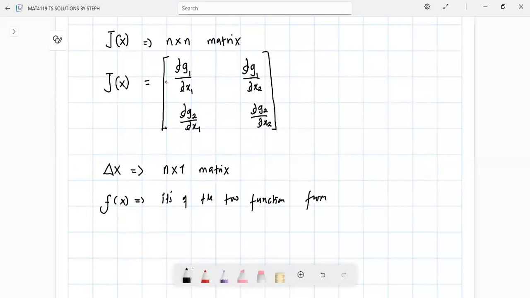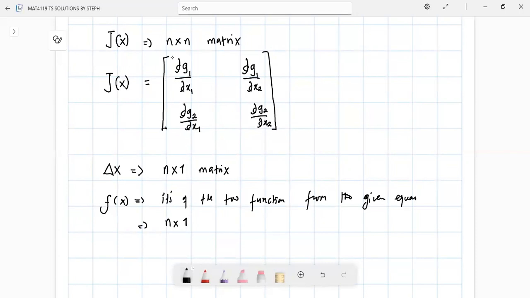Again, this is also an n by 1 matrix, just like delta x. So if we have two equations, this one will form a matrix of 2 by 1 in nature.